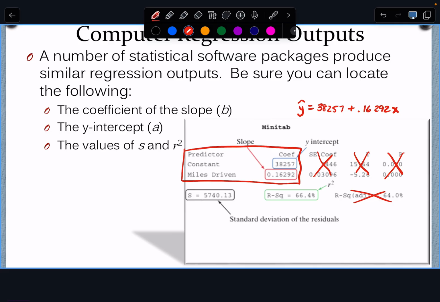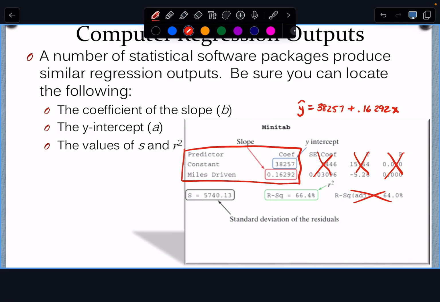Now the other two pieces that are on here that I've highlighted, S, and sometimes depending on the output, we'll have S sub E, and I like that notation better because E represents a what? Residual. So lowercase e was a residual, so this is the residual standard deviation. And we'll talk about what that means in a little bit here.